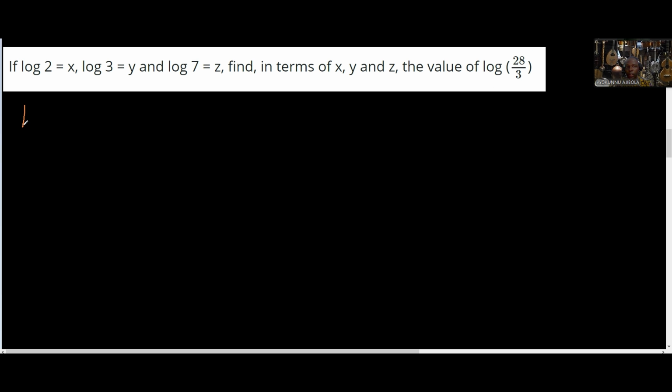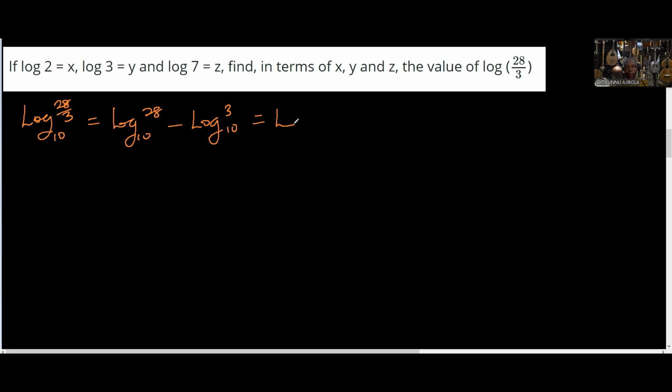So we can say log 28 over 3, because it's base 10, equal to log 28 base 10. Because of division, we put minus. That's log 3 base 10. Now 28 is to be split.